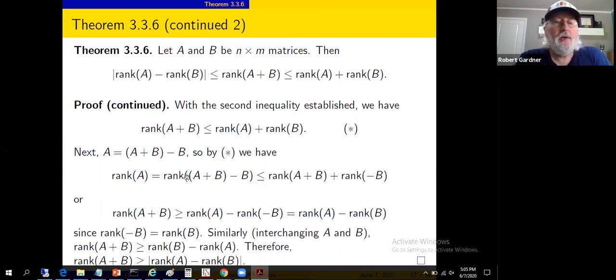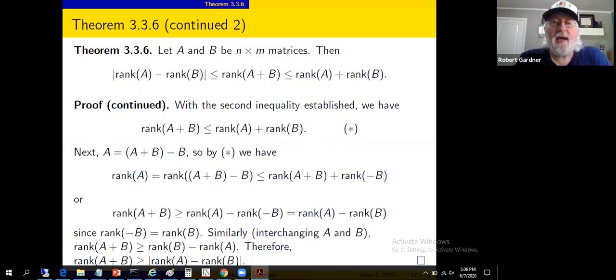Notice that A equals A plus B minus B. So let's take the rank of A, rewrite A as A plus B minus B. I've got two matrices added together. That's less than or equal to the rank of the first plus the rank of the second. That's what the asterisk equation tells us, what the first part we established tells us. So this is less than or equal to the rank of the first, A plus B, plus the rank of the second, negative B.